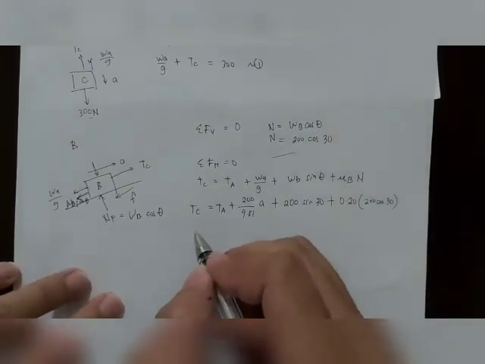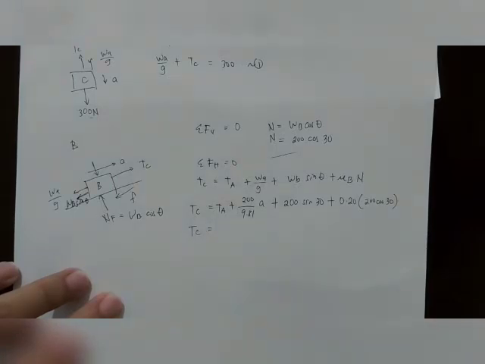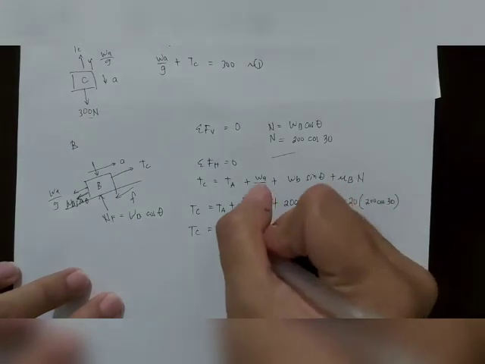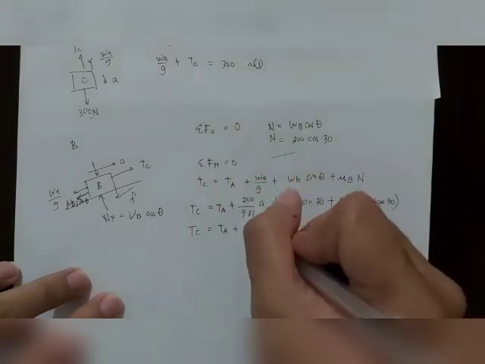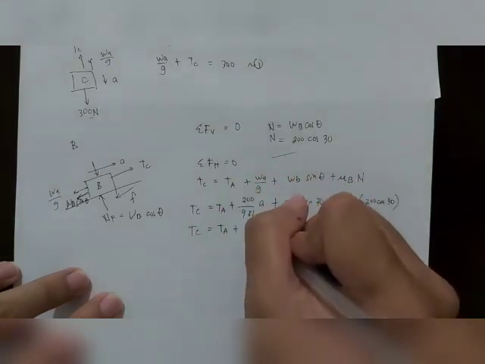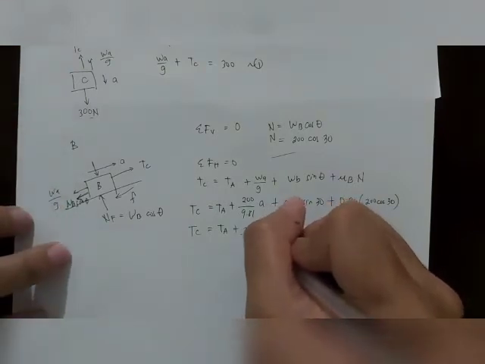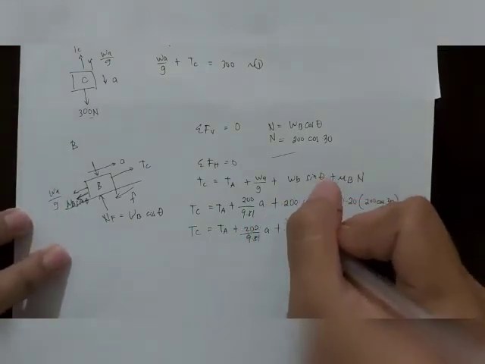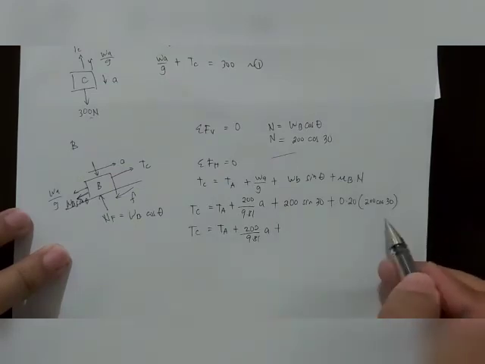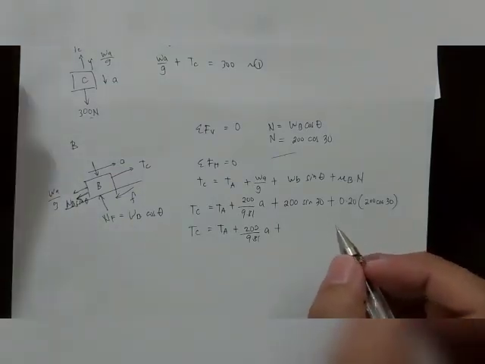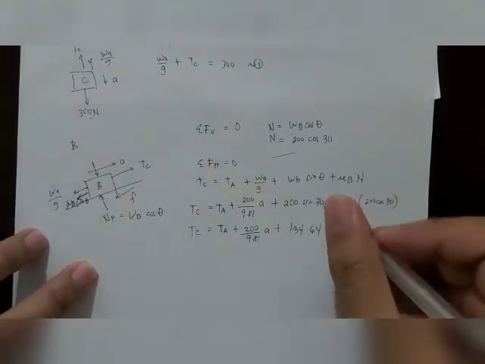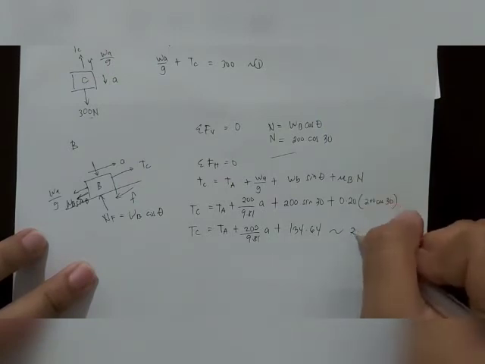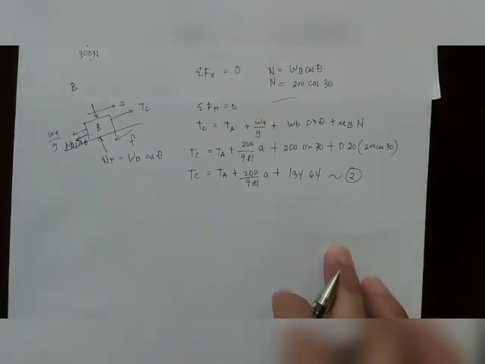So simplifying this equation, we have T_C is equal to T sub A plus 200 over 9.81 plus, computing this, we have 134.64. Okay, so this will be equation 2.